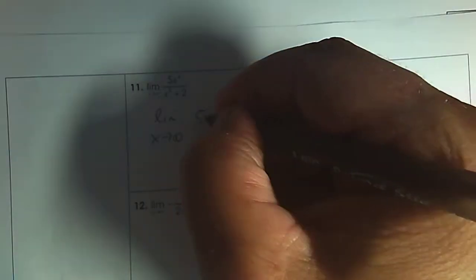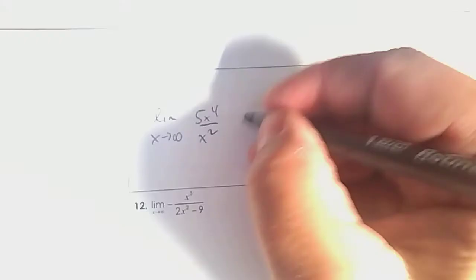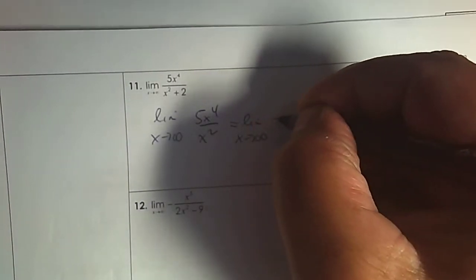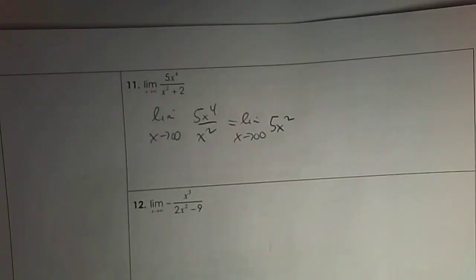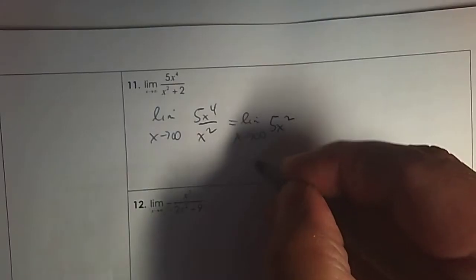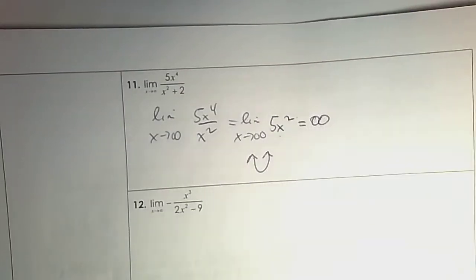Again, it's going to be power over power. So that's 5x to the 4th over x squared. Now, when I divide this out, it's the limit as x approaches infinity of just 5x squared. They're equal to each other. And recognize that 5x squared is a polynomial that both ends, the right end and the left end, go up. So this answer is infinity.